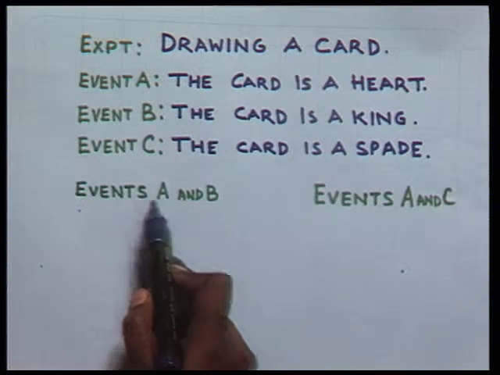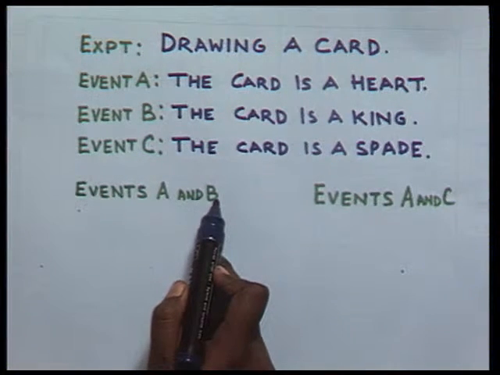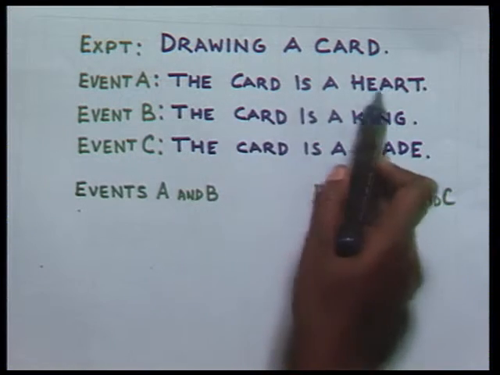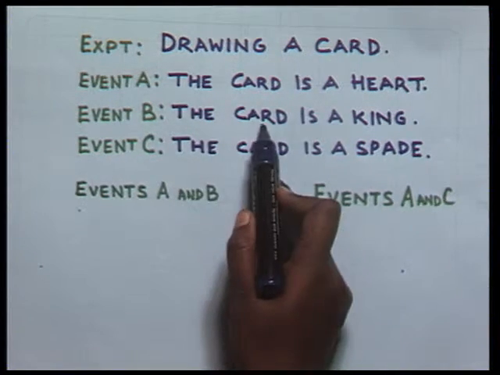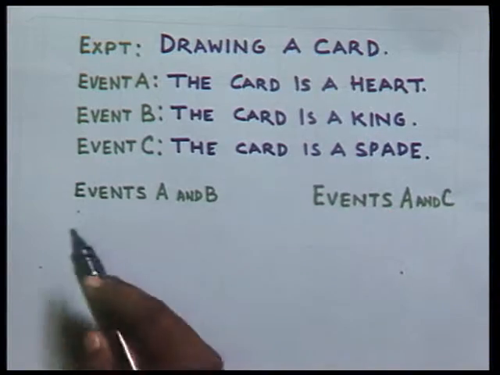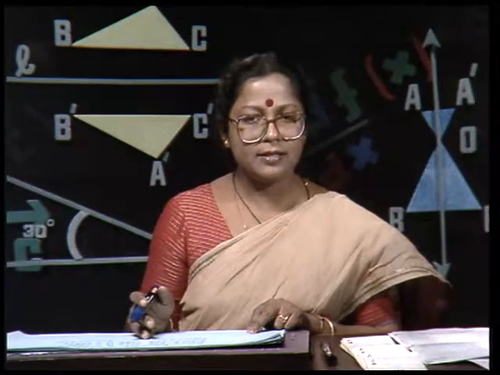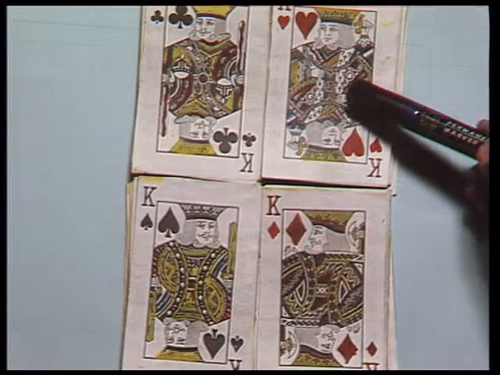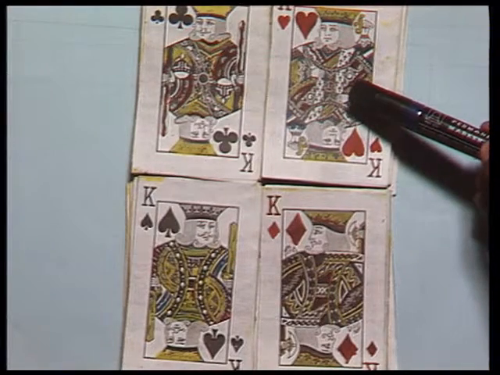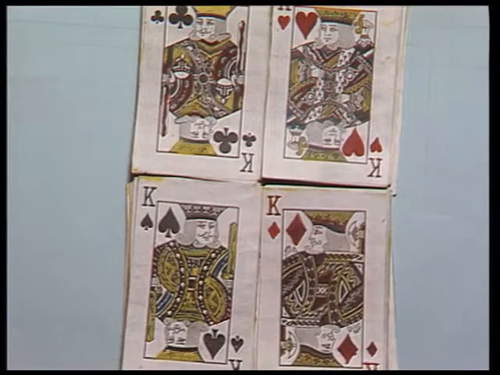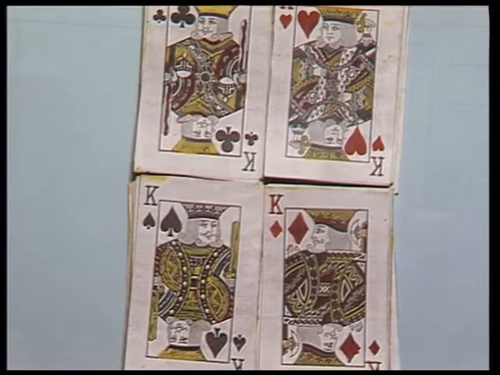Now, consider events A and B. Event A is the card is a heart and event B is the card is a king. Now, if we get a card which is the king of hearts, then we say that the event A as well as the event B has occurred together.